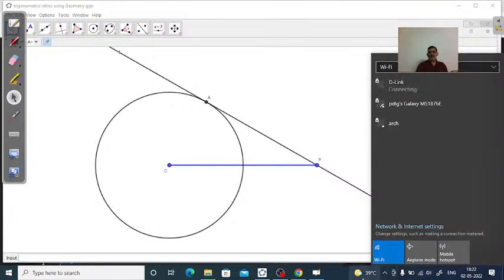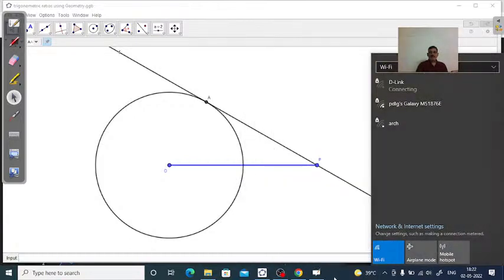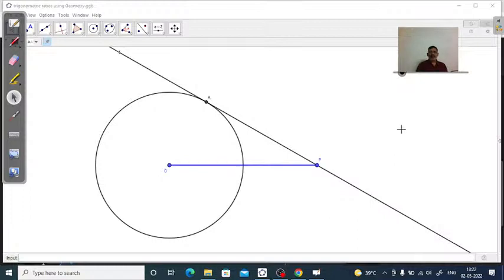Now next you observe, the circle which we considered is a unit circle. What do you mean by unit circle? Unit circle means radius is 1.